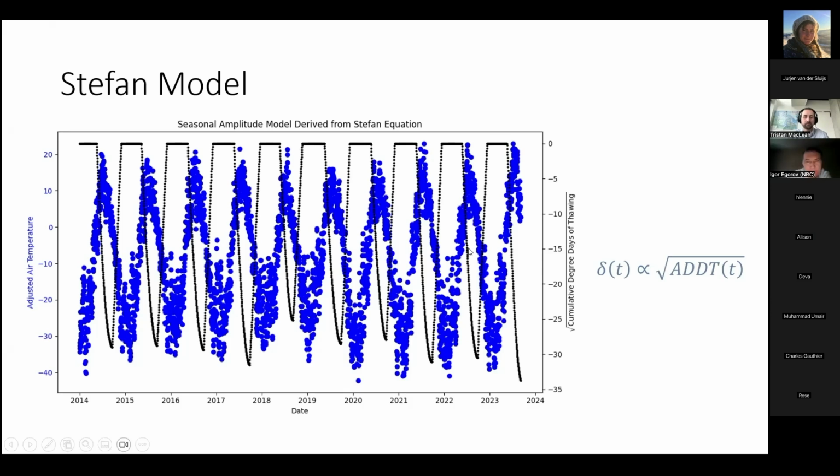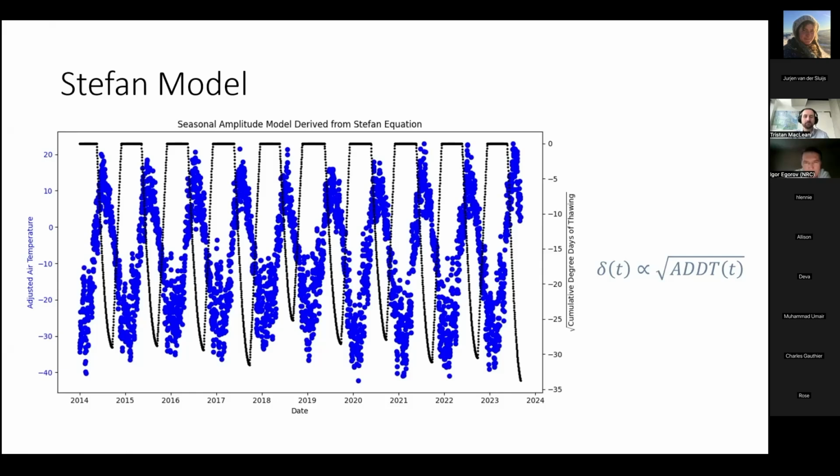And so the Stefan model, I basically take the accumulated degree days of thaw, so summing up this temperature data and then taking the square root of it. That is about proportional to the deformation. And then I use a technique to identify the inflection points, so when you're moving from freezing to thawing.